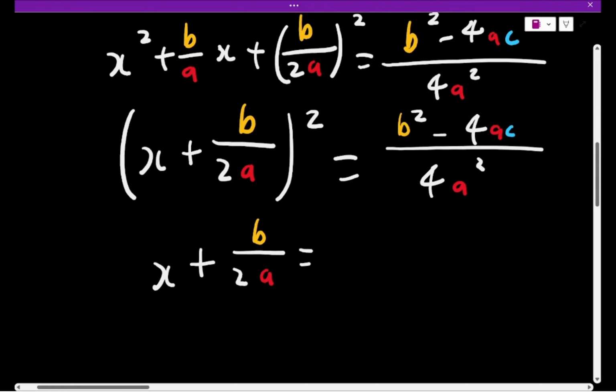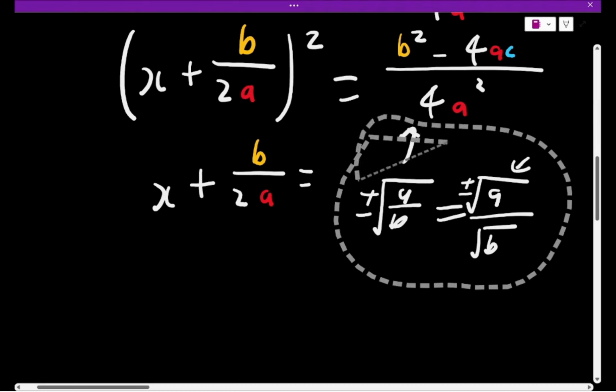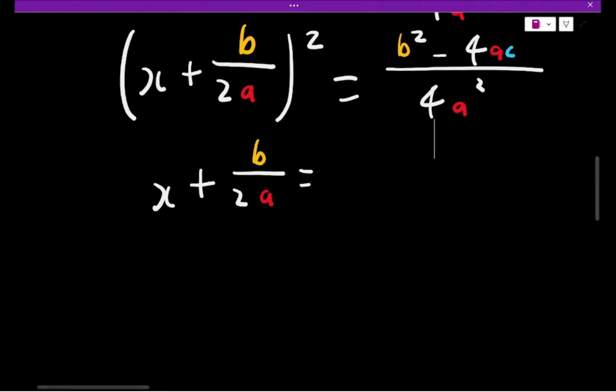You might think, oh, hold on, this would give you 4 solutions because there's positive, positive, positive, negative, negative, positive, negative, negative, but these two are the same and these two are the same. So what we can do is simply take the plus minus square root on the numerator, while the denominator is just going to be the square root. This still gives us 2 solutions.